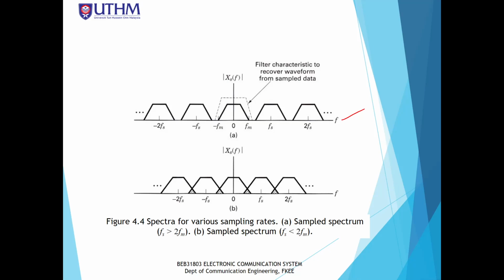There's no overlapping. But if we sample less than 2 FM, there's going to be overlapping of the adjacent channel symbols, which is this one. This is what we call aliasing. If overlapping happens, the receiver would be unable to distinguish between one channel and another. Receiver akan menghadapi masalah untuk membezakan antara dua channel bersebelahan. So this is aliasing, and this is what happens if we sample less than 2 FM.